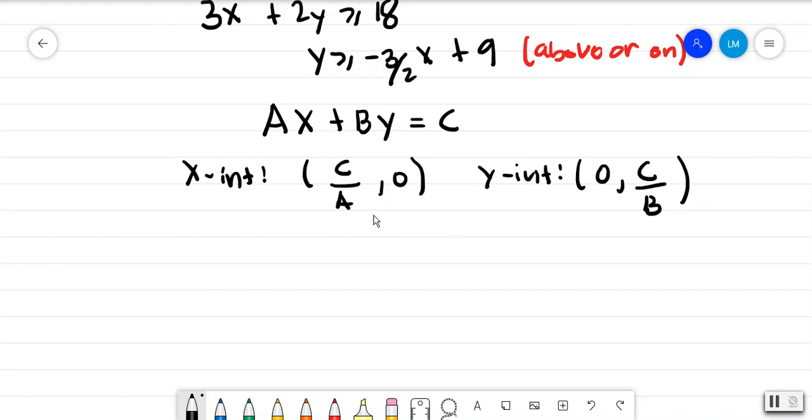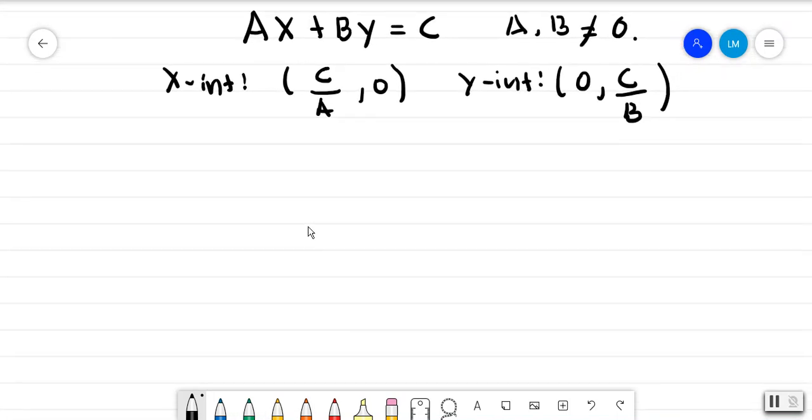Of course, this is provided that a and b are not both 0. Even if it is a vertical line or a horizontal line, it's fine as long as they're both not 0.